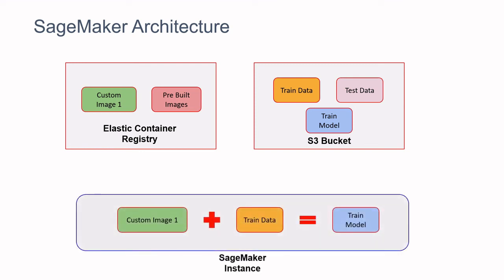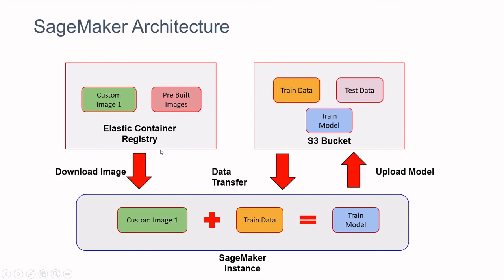And finally, you need to create a SageMaker instance, which is like a small machine, wherein you download an image from an ECR into the SageMaker instance, and you download the training data from S3 to the SageMaker instance.